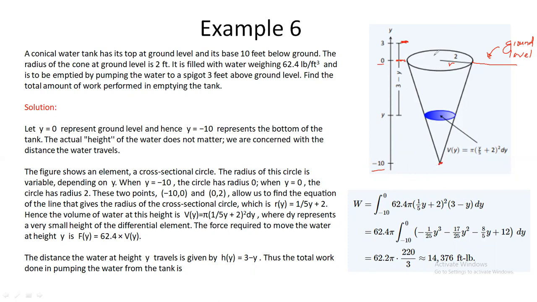And since this one is written in terms of y and x, you have here 0 for y and your x is equal to 2. So these are your 2 sets of points. Now allow us to find the equation of the line that gives the radius of the cross-section circle.